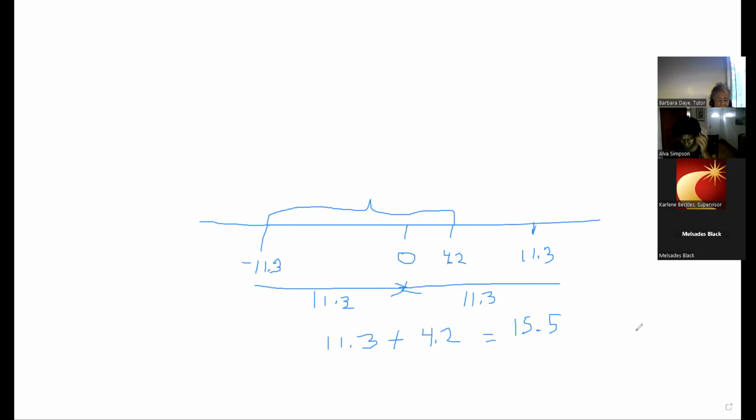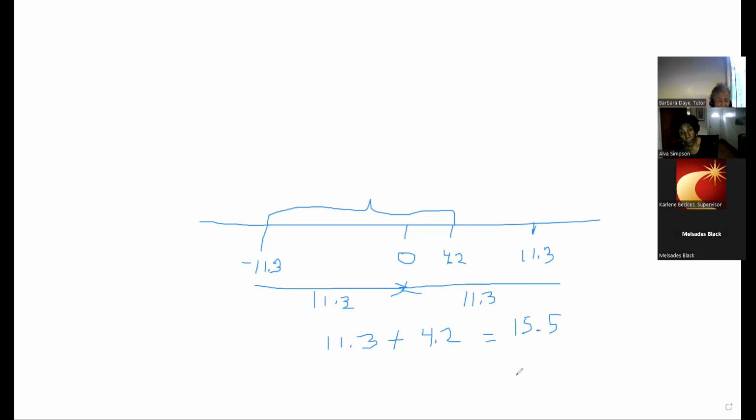Yeah, because I was counting from the left side all the way back to the right side. Well, that's what you're doing when you're saying from 11.3 negative to 0, and then from 0 to the positive. Just add those two together. No, I was doing the opposite.